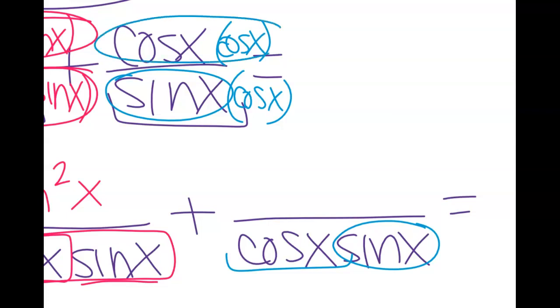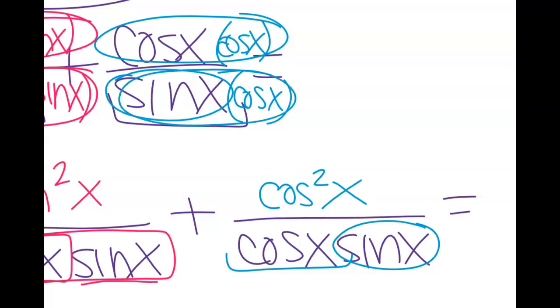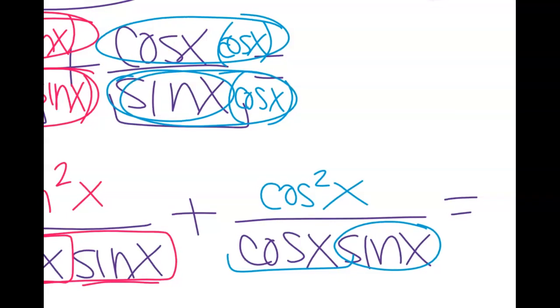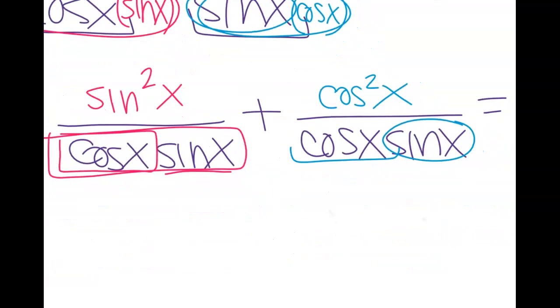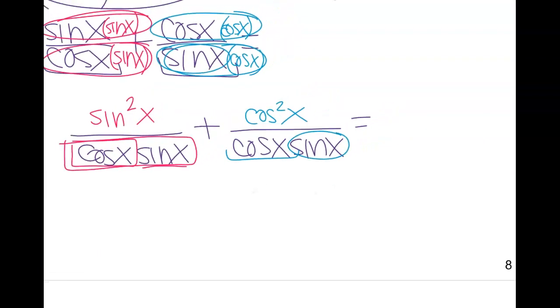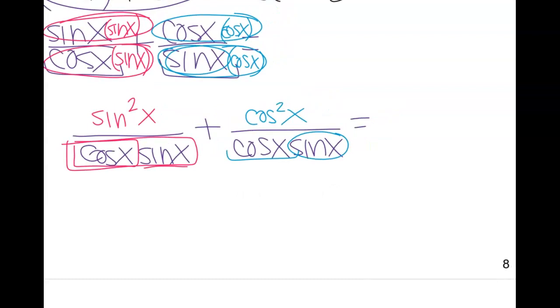So if we multiply here, cosine x times cosine x, that will be cosine square x. And on the bottom, we have this part right here. Okay, so if we now put our two fractions together, because they have the same denominator, that's fine.